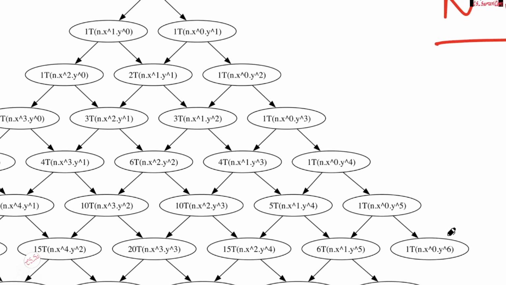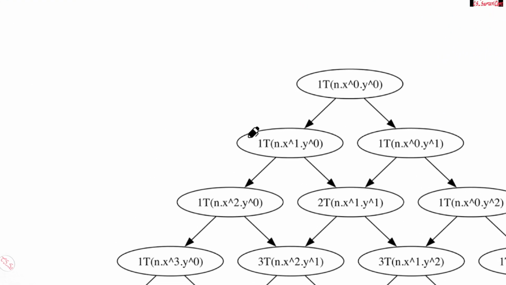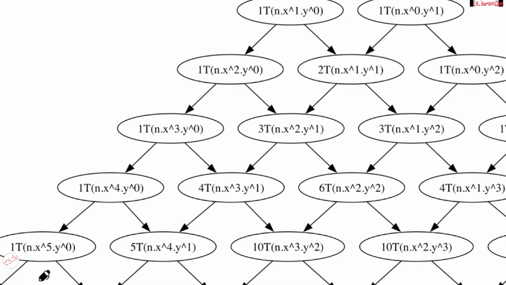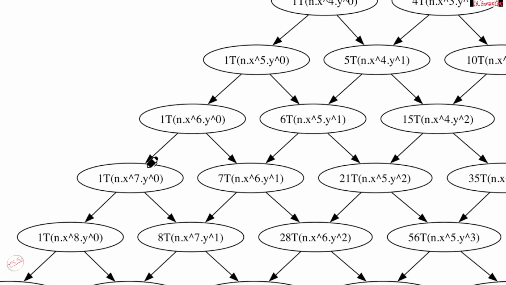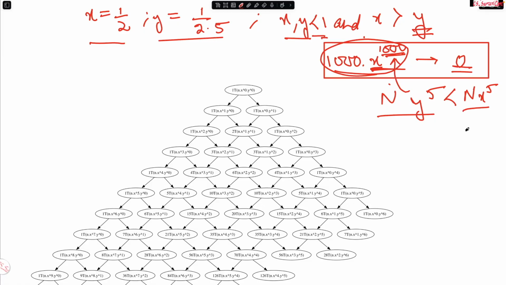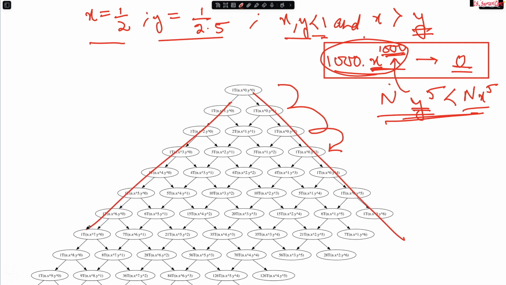So this kind of pattern is present over here, while on the leftmost branch y is always 0 and x is being increased. The power of x is being increased, right? So from this analysis that I did, the value of the exponent is increasing at every single level that is being produced, both on the rightmost branch and the leftmost branch, right?